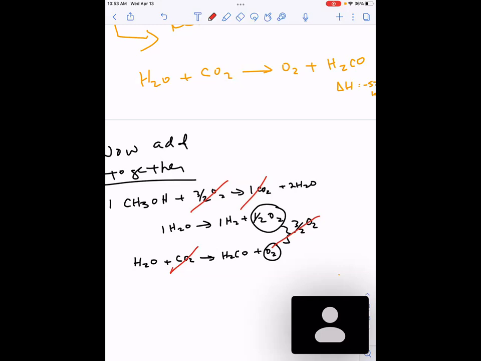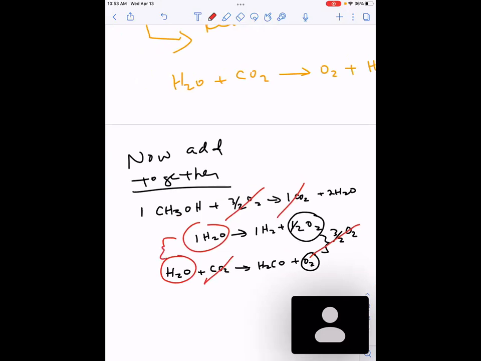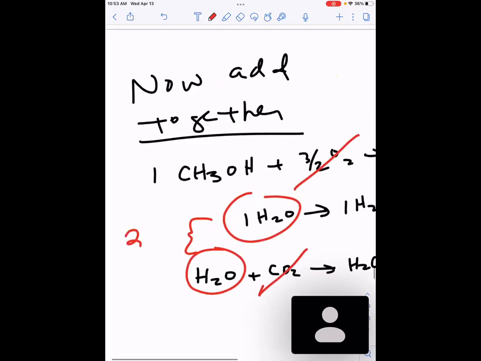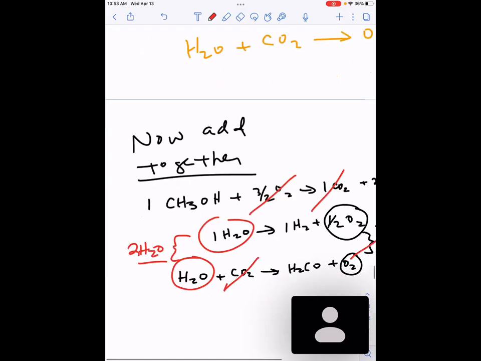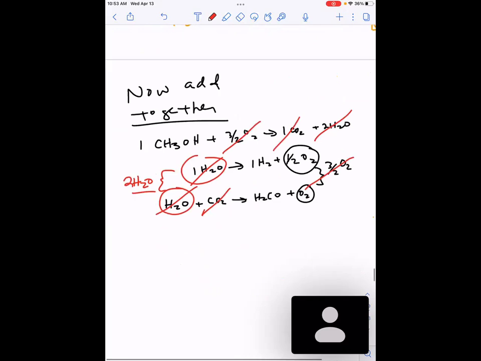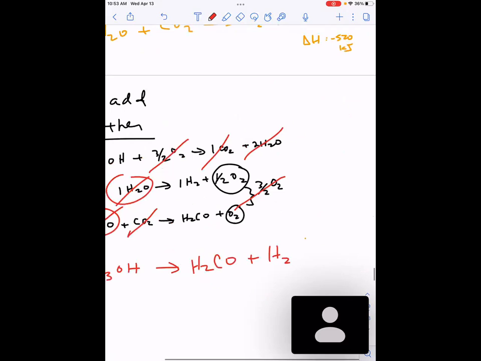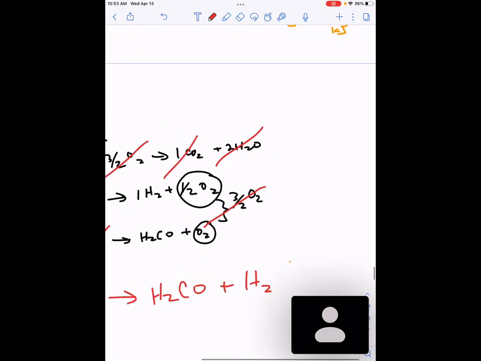and we can cancel out the waters, because we have an H2O here and one here, so that's 2 H2Os. So we can cancel those out as well. And what we're left with is our overall reaction, which is CH3OH going to H2CO plus H2. And now the last thing to do is take all the enthalpies and add them up.